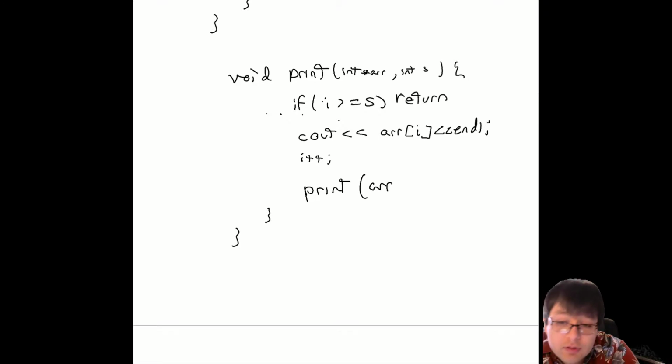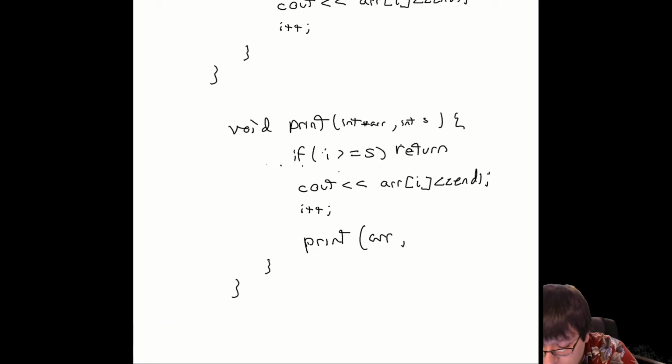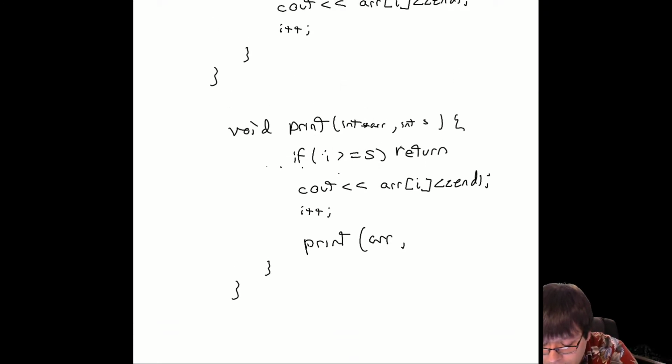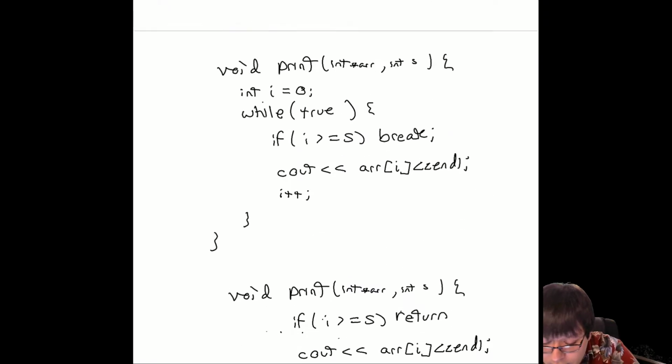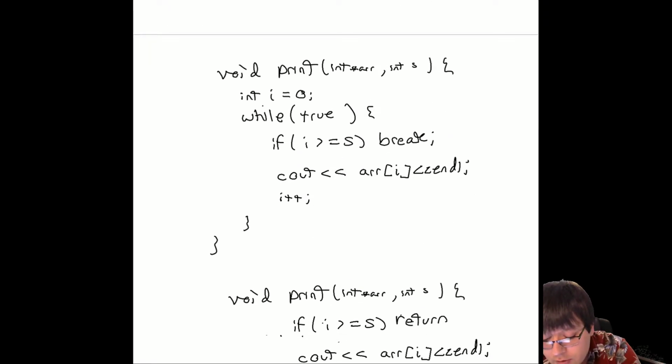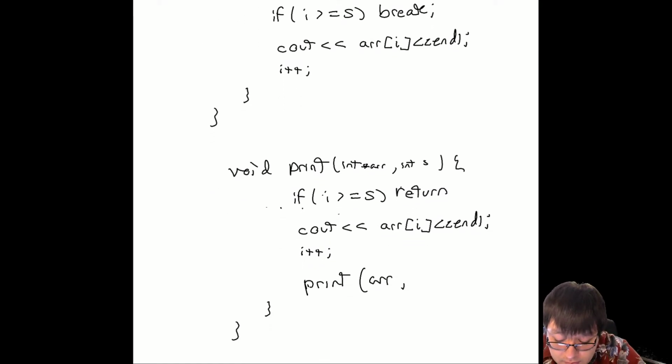So basically print(r, ...), because you still need to have the array, and then the second parameter you see is this i, right? So that i was initialized beforehand. You don't need to do that initialization in the recursion because you assume that that initialization is going to be done in whoever calls you the first time around. So you have two options for that.